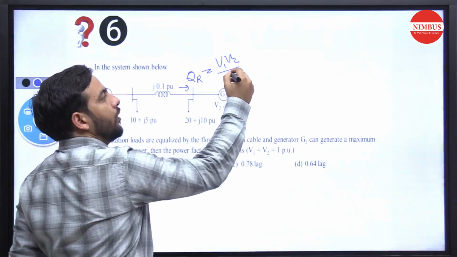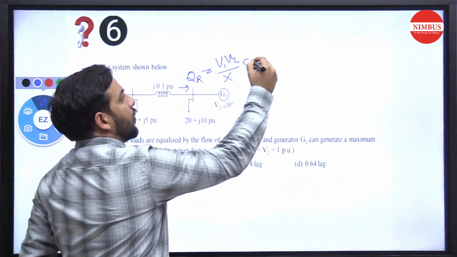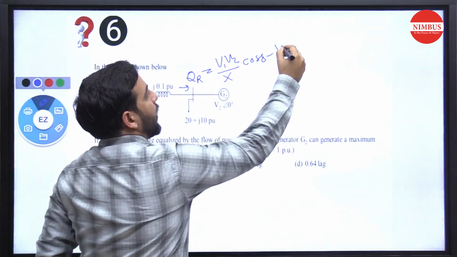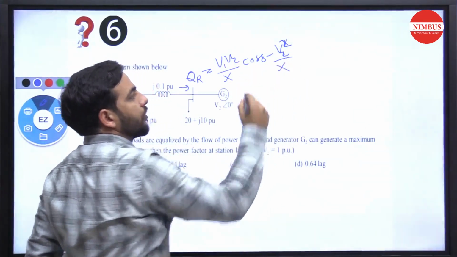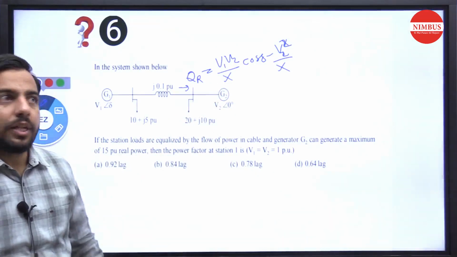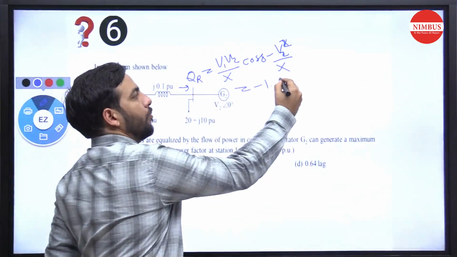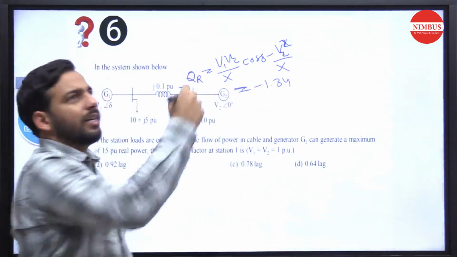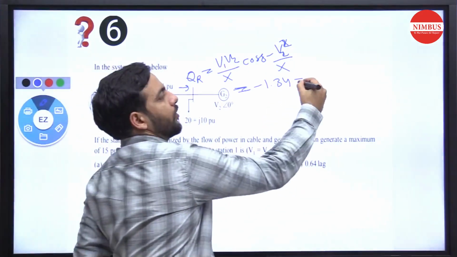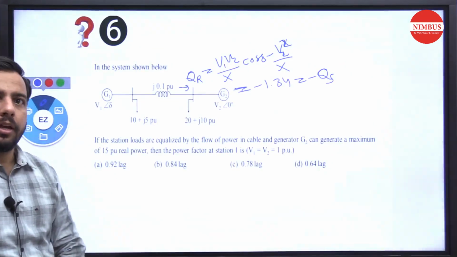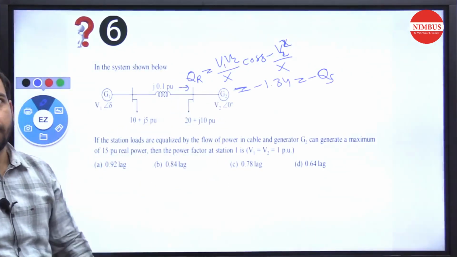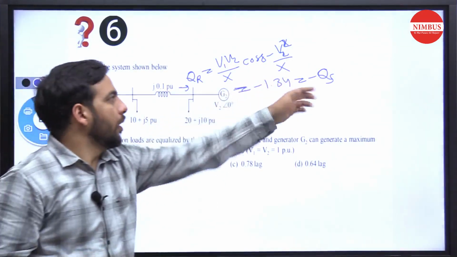V1 V2 upon X cos del minus V2 square upon X. From this formula, this will be minus 1.34, as generally QR is equal to minus QS when it is a lossless line. Okay, now this is QR and QS is given.